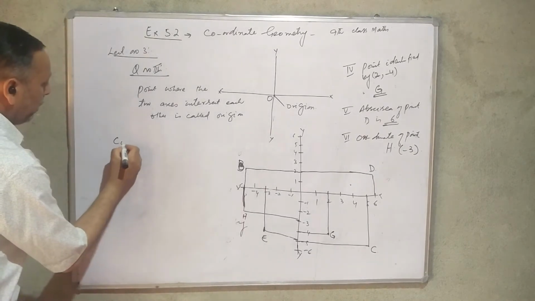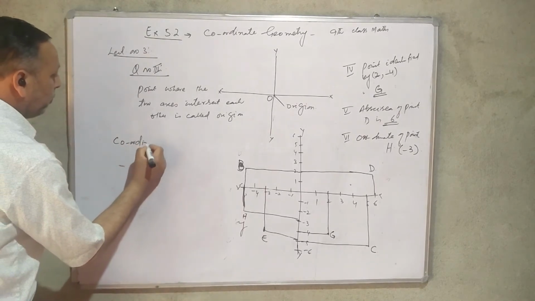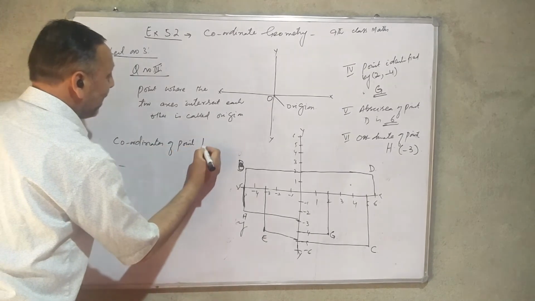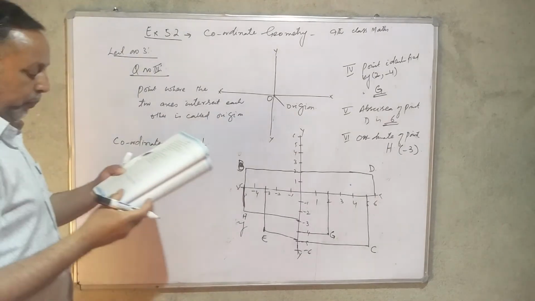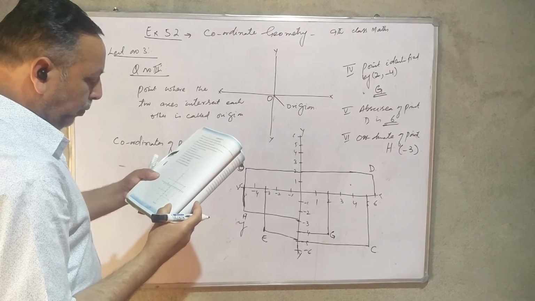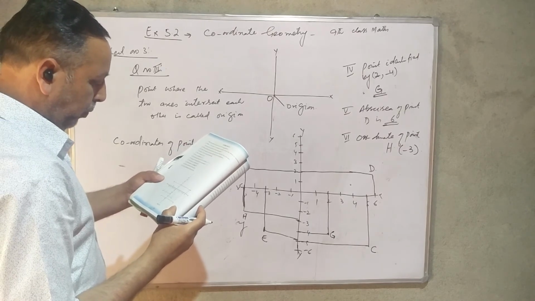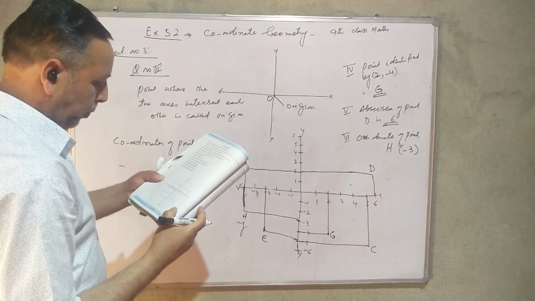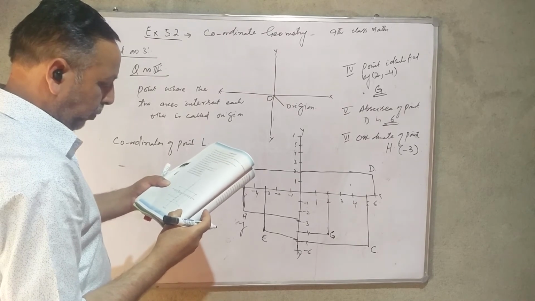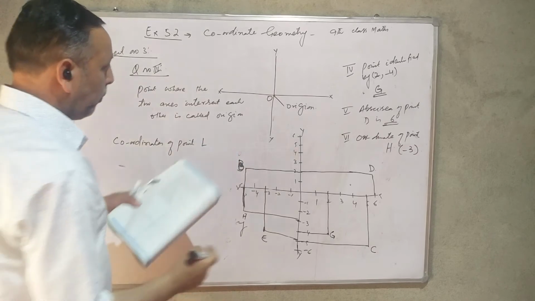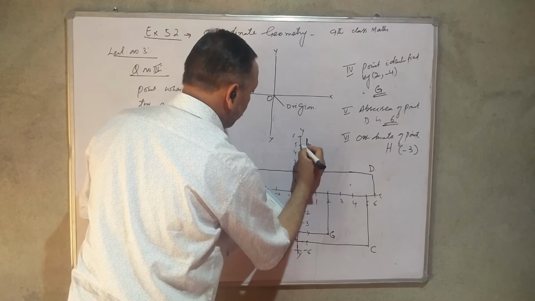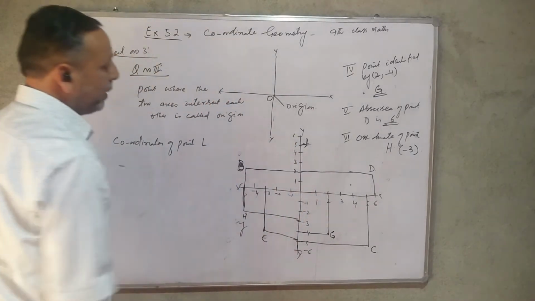Now the coordinates of point L. L is here. This point is L.